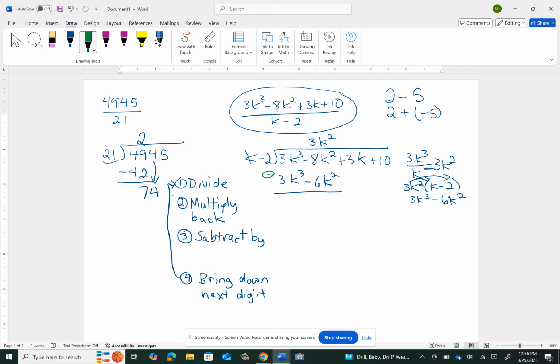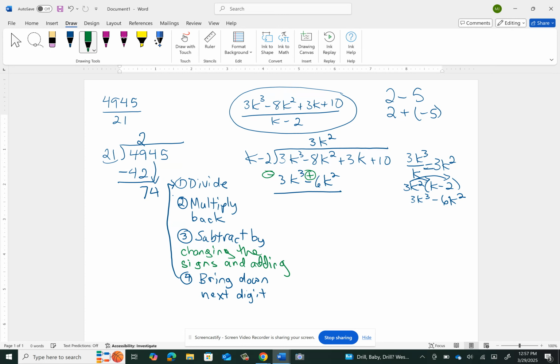And then if I'm subtracting a negative 6k squared, that would be the same as adding 6k squared. So I'm going to suggest that you think of it that way. You do better when you're working with these integers if you can think about adding the integers. So I'm going to subtract by changing the signs and adding.